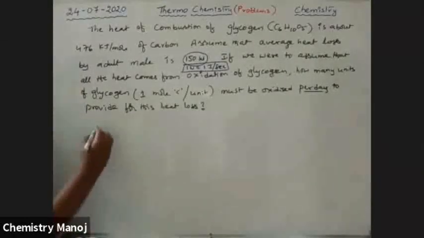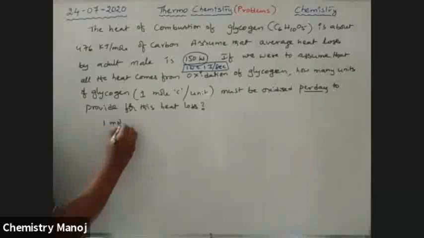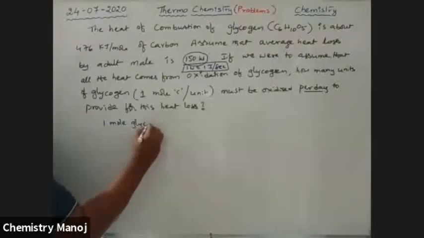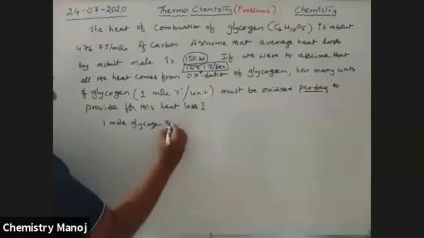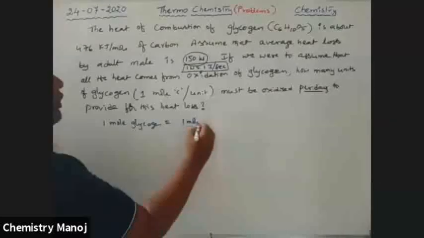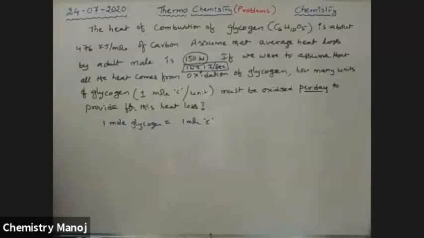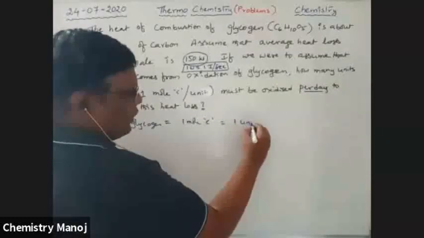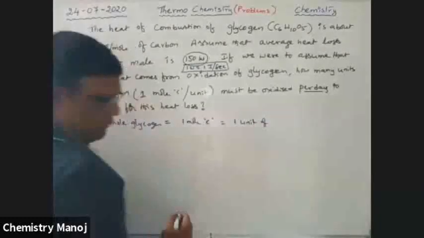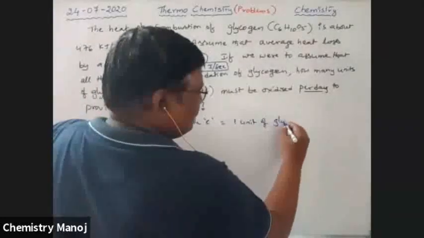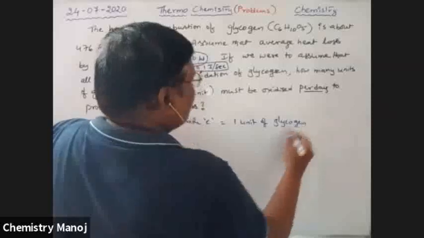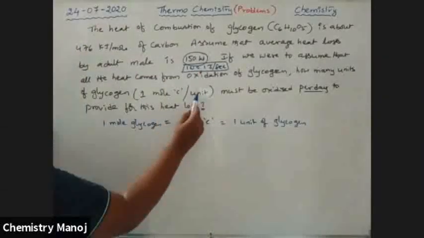See here, 1 mole of glycogen is equal to 1 mole of carbon according to the given condition. That is equal to 1 unit of glycogen, 1 mole carbon per unit.